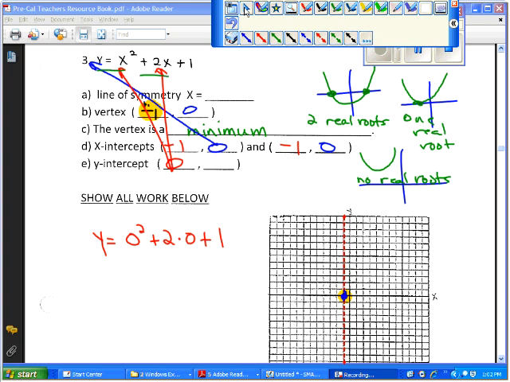We let the x's be 0. That cancels, and we get y equal 1. So the y-intercept is at 1, right there.